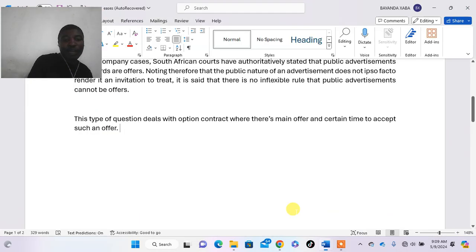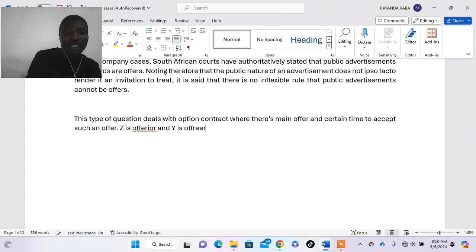Therefore, you must know that Z is the offeror, and Y is the offeree.